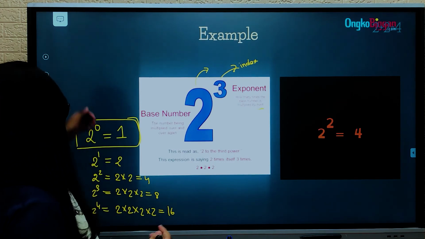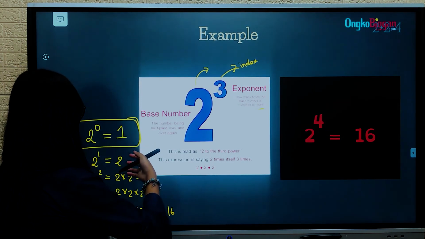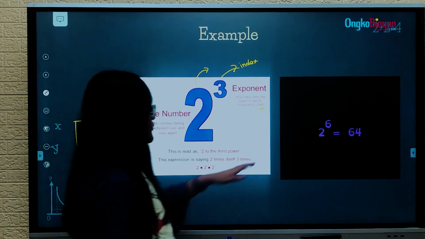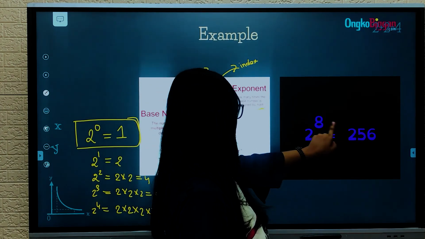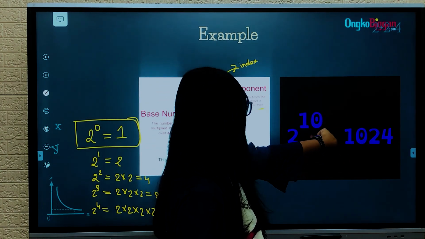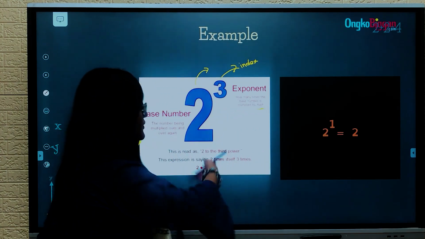Similarly it goes on continuing. So you can say 2 to the power 7 is 128, and it goes like this.